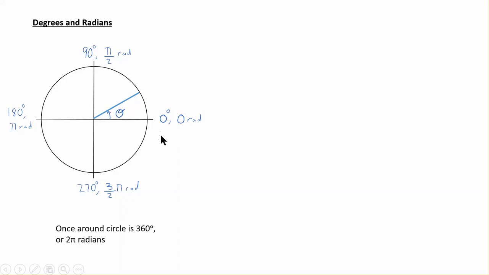So let me repeat: once around the circle is 360 degrees, which is equivalent to 2 pi radians. You should just memorize this. This is 0 radians, this is pi over 2 radians, pi radians, 3 halves pi radians, and when you're back to where you start, you can call that 2 pi radians or 0 radians, because you're back. So 2 pi radians and 0 radians are effectively equivalent.